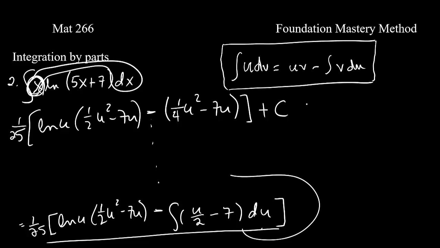And now we only have one last thing to do, and that would be to substitute back to the original variable. And if you recall, we had u equal to 5x plus 7, so everywhere we see a u, we're going to replace it by 5x plus 7.